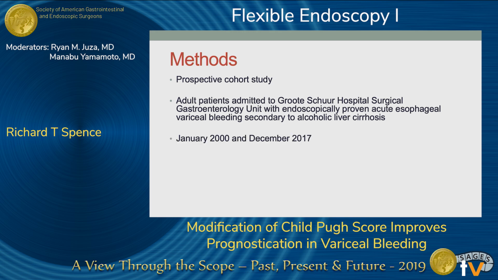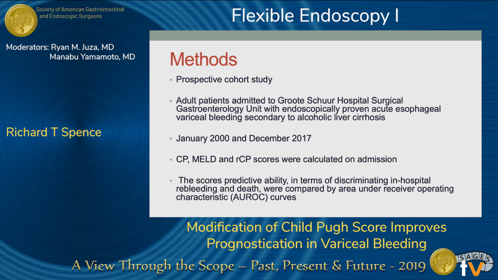It was a long study, from 2000 to 2017, so 17 years. On admission, the scores were calculated, and their predictive ability in terms of discriminating in-hospital rebleeding and death was compared. So our outcome variables were rebleeding and death, compared under the receiver operating characteristic curves.